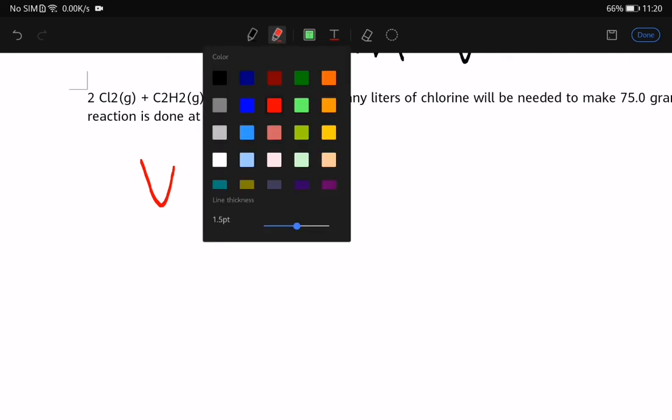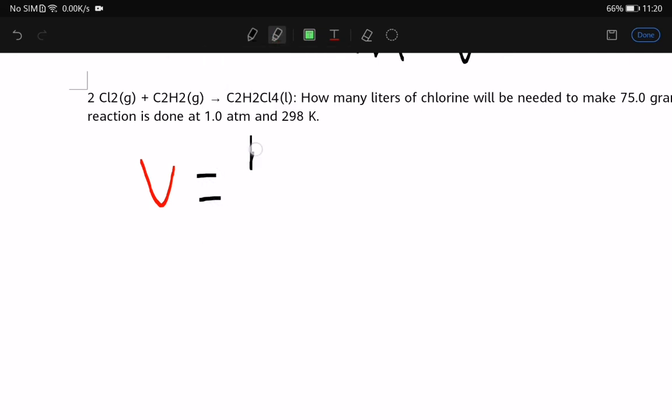We can specify that by the formula nRT over P. The other way to do it is to solve it algebraically, but in this case, let's use that formula.